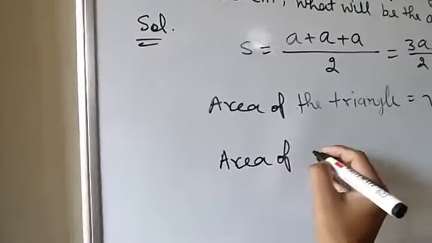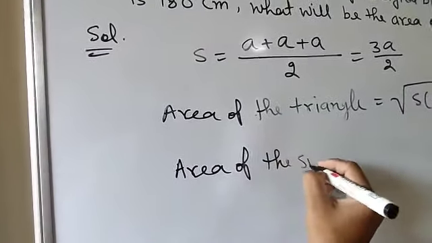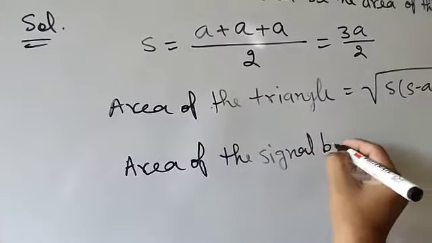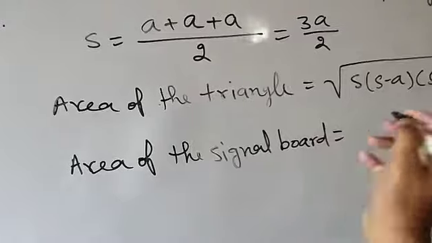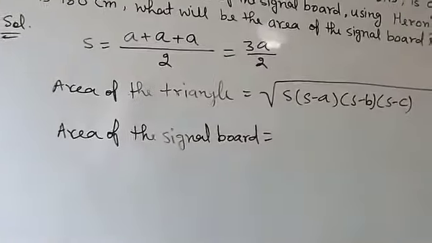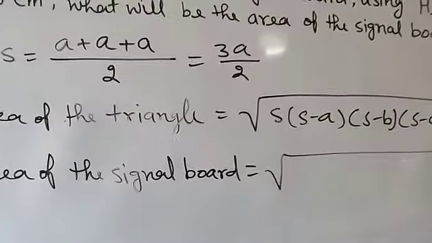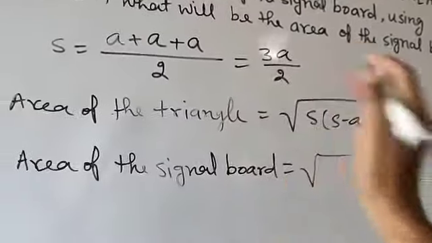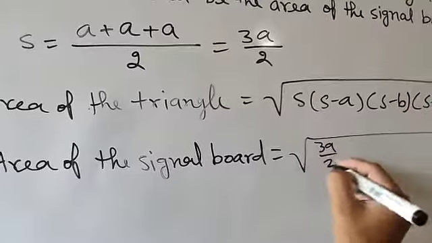Now the area of the signal board. The signal board is in the form of an equilateral triangle, so all the three sides are A. So here S equal to 3A by 2.